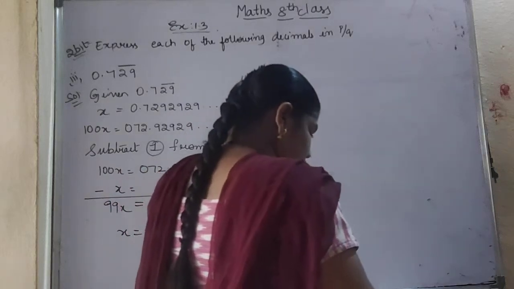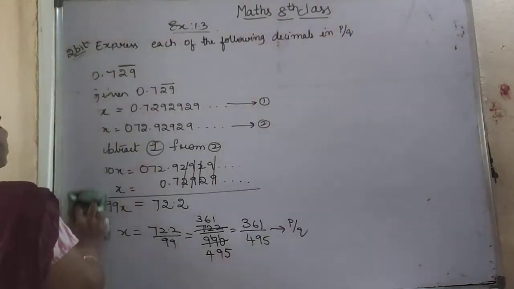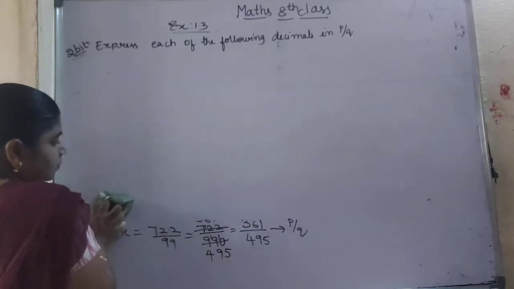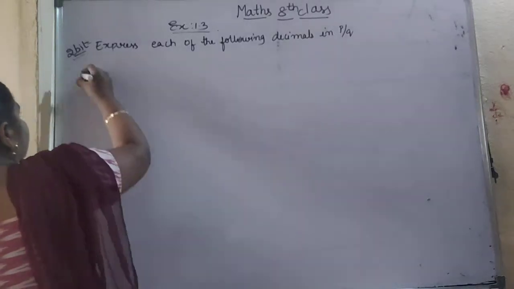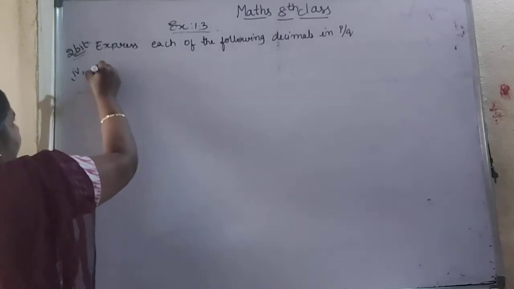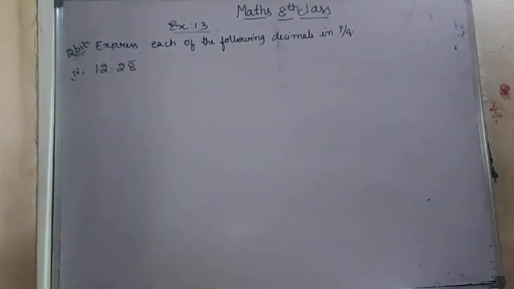Next is the fourth one, 12.28 bar. Now the bar is for 8.